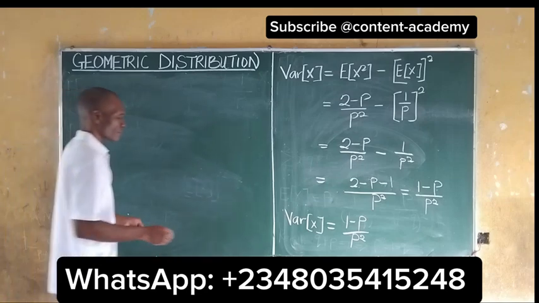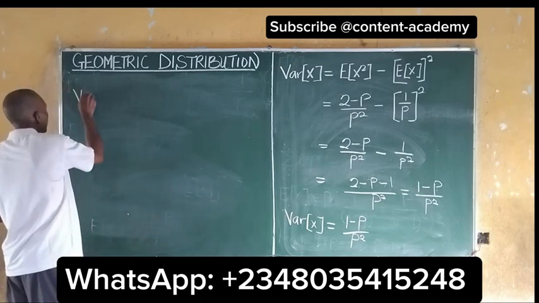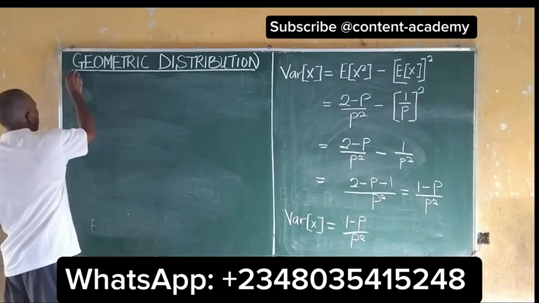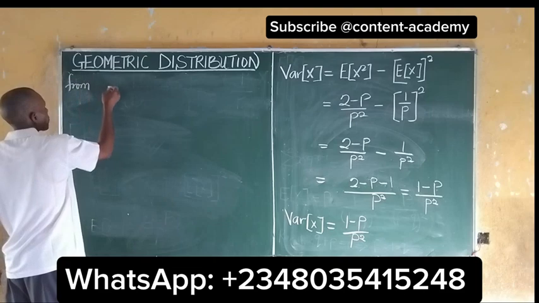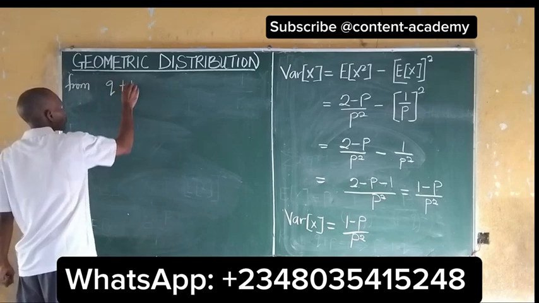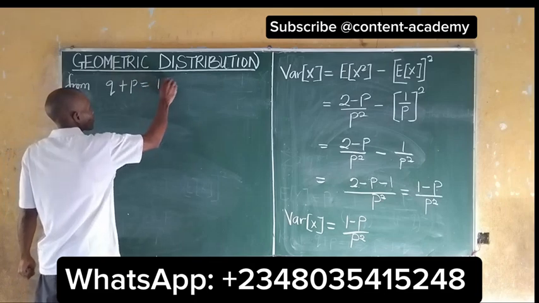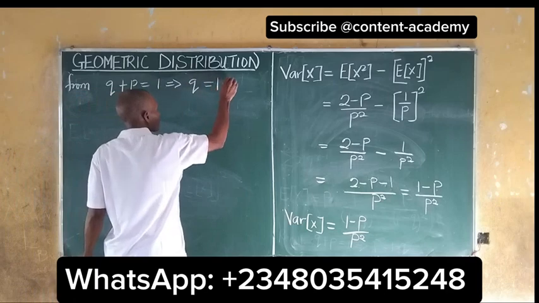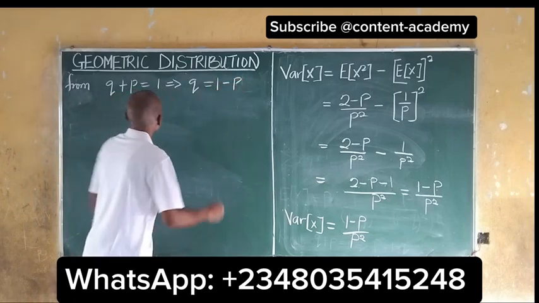So from probability, q plus p is equal to 1, which implies that q is equal to 1 minus p, and we have 1 minus p there.